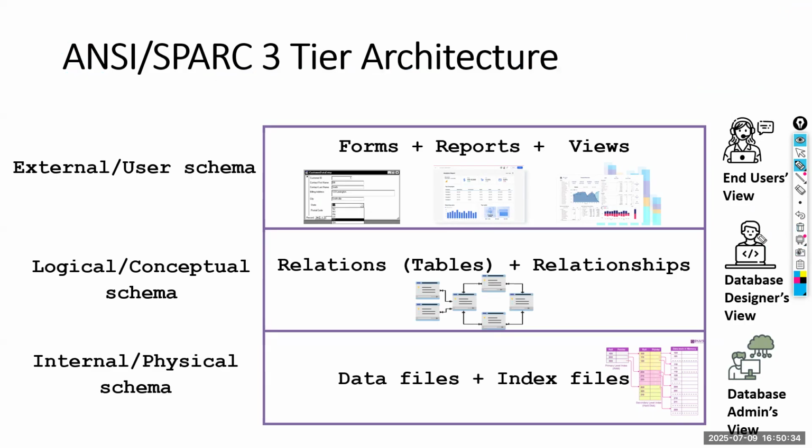In a similar manner, for databases, especially relational databases but in general for any databases, we have a three-tier architecture. This is the ANSI architecture, proposed by the American National Standards Institute. ANSI three-tier architecture.